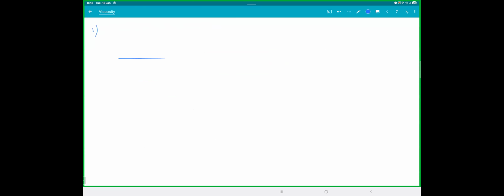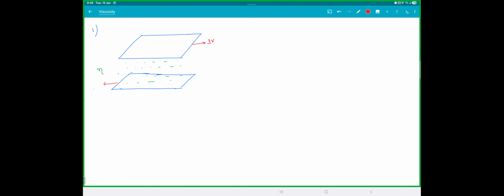So let's say we have two surfaces. And let's say the space between them is filled with fluid. Viscosity is eta. Let the upper plate go with the speed of 3v and the bottom plate is going with the speed v.